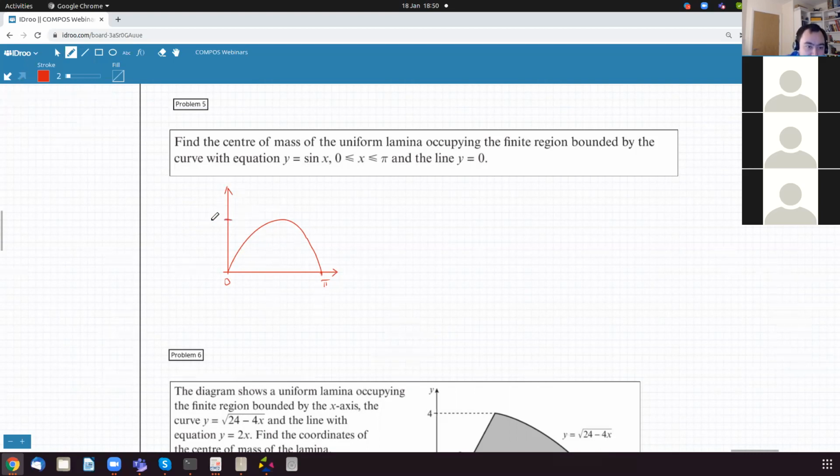The maximum value is 1. Y and X. Now, just by observation, because there's a line of symmetry, you can say that the X center of mass is pi over 2.